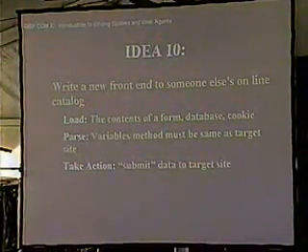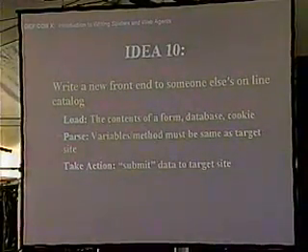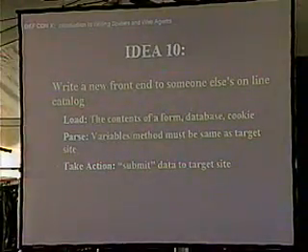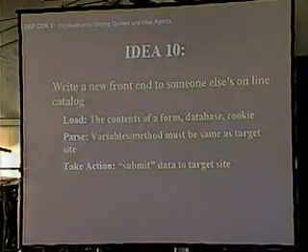So this is not such a far-fetched thing to do. So here you would somehow gather the contents of a form that would normally appear on this other website, and you'd gather the variables. You know, they all come from databases or cookies or stuff, and you make sure that your variables and methods match the form that your target is, and then you basically submit the stuff to the target site.